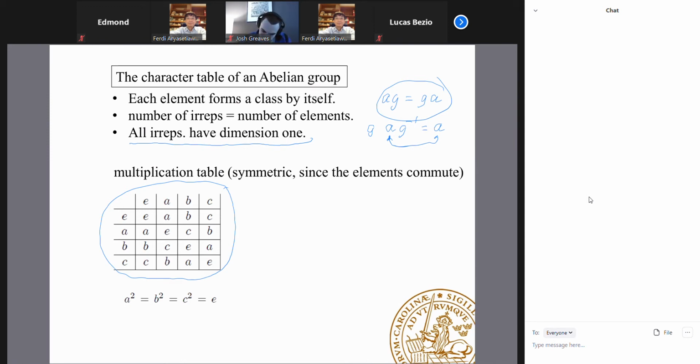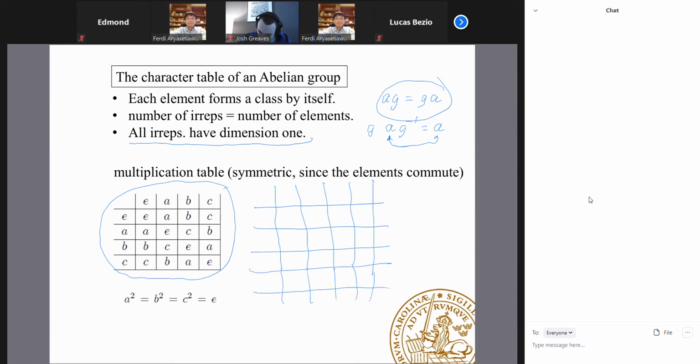So now let's try to construct the character table of this group. So we have 4 of this, and we have more here, like this.